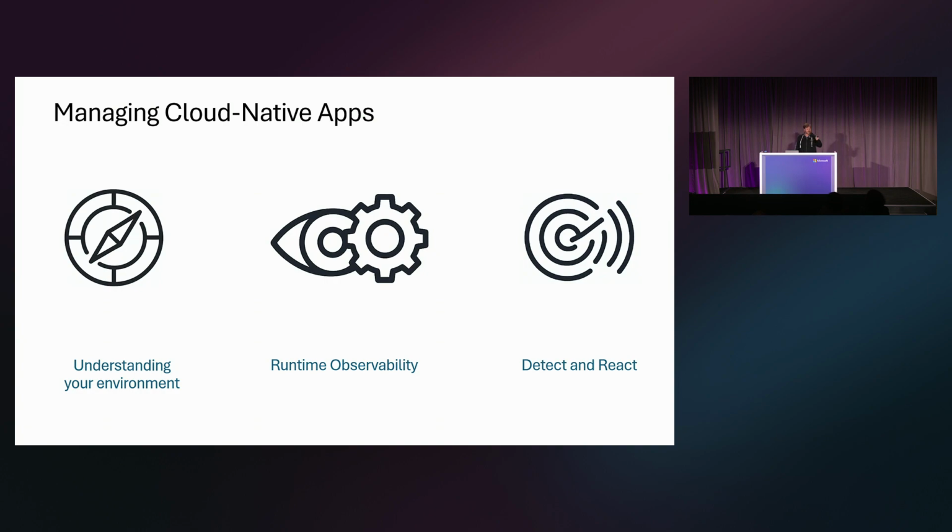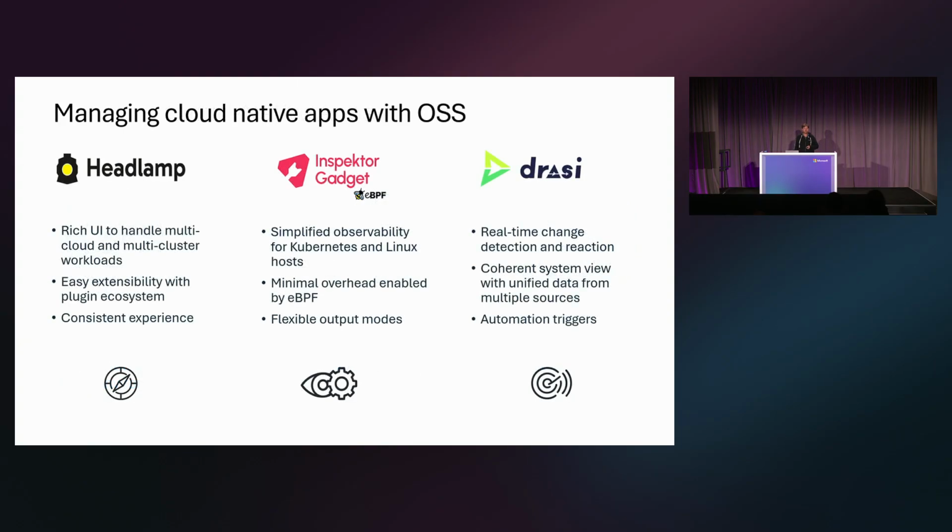I think the saying is, change is the only constant. The quicker you spot meaningful changes and trigger the right responses, the more resilient your platform becomes. So together with these 3 areas, understanding, observing, and reacting, we're going to define what some tools are that you can use in the Kubernetes ecosystem and how to use them in practice.